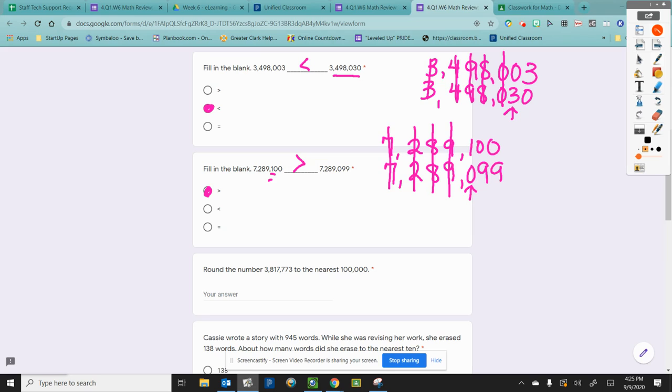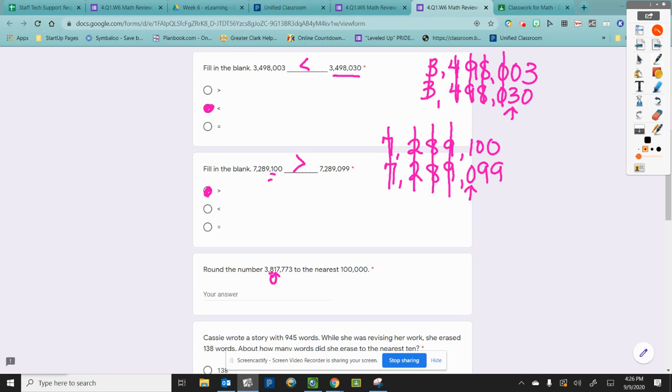Okay, next one. We're going to round the number 3,817,773 to the nearest 100,000. So I am going to underline my 100,000s place, and I am going to look to the 10,000s, and there's a 1. That tells me that I am closer to 800,000 than I am 900,000.